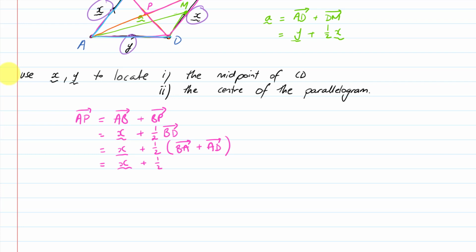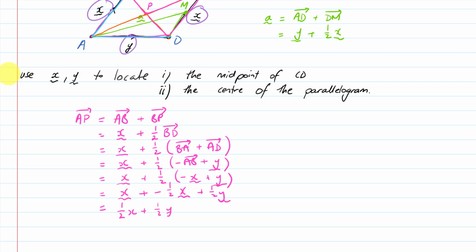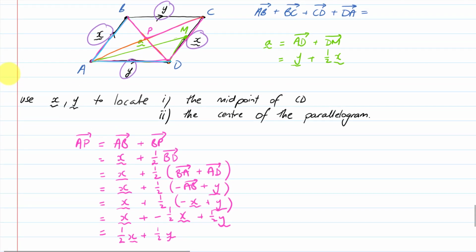I'm going to call BA negative AB, and then AD is just y. So BP is half of negative x plus y, and AP is x plus half of negative x plus y. Now I can simplify: x plus negative a half x plus half y, and x plus negative a half x is half x plus half y. And there we have it. And that kind of makes sense. If we go half x to here, half y to there, it should take us into the centre. And we're happy with that.